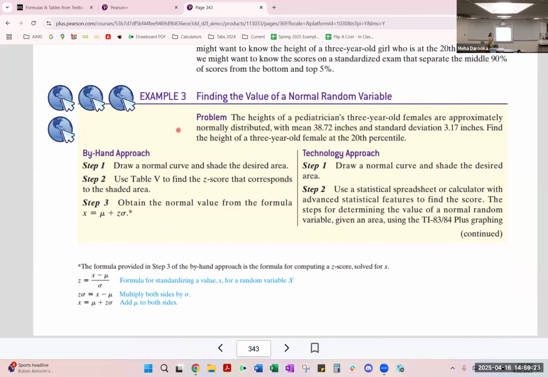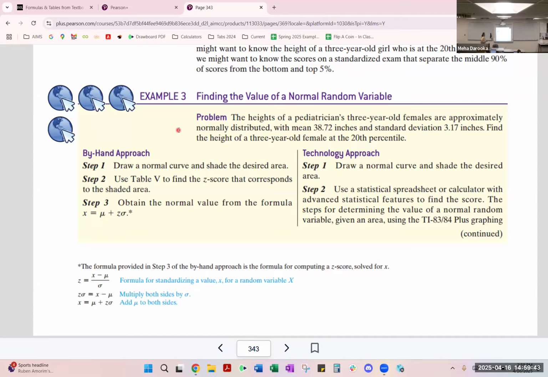So here we're told the heights have a mean of 38.72 inches, and there's a standard deviation of 3.17 inches. And basically the same question they presented above: what would be the height of a 3-year-old female who falls into that 20th percentile? So as you can see, kind of similar steps to what we did last time.